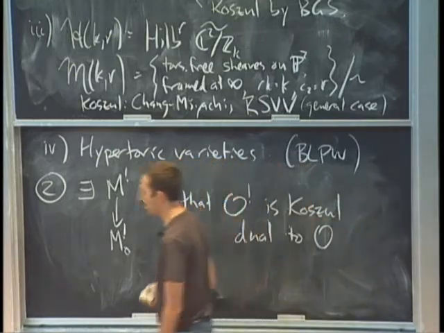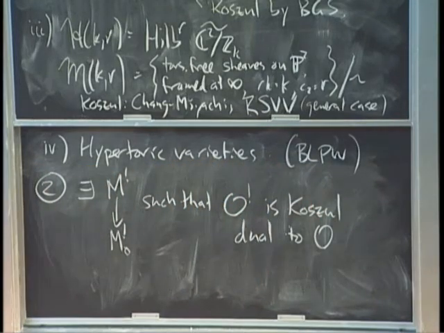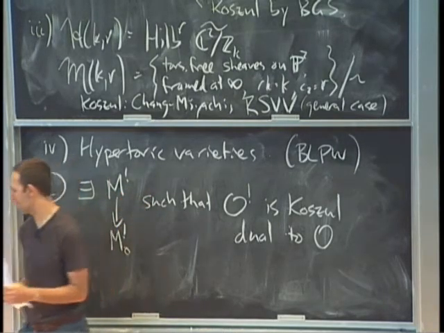So again, I haven't really defined this. Any Koszul category has a dual. And, well, the point is it comes up via some other symplectic resolution.